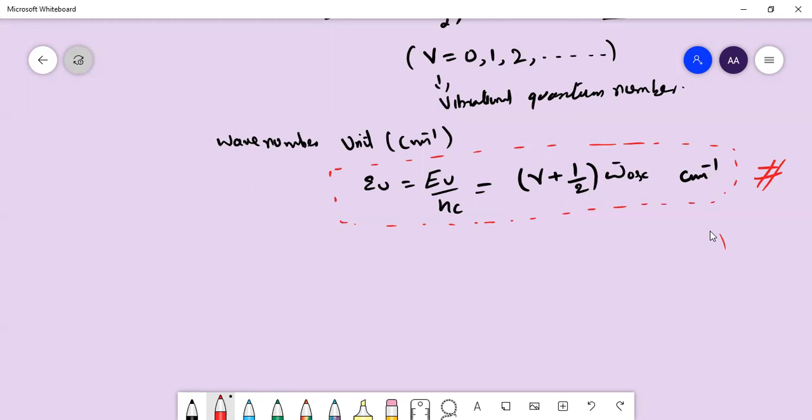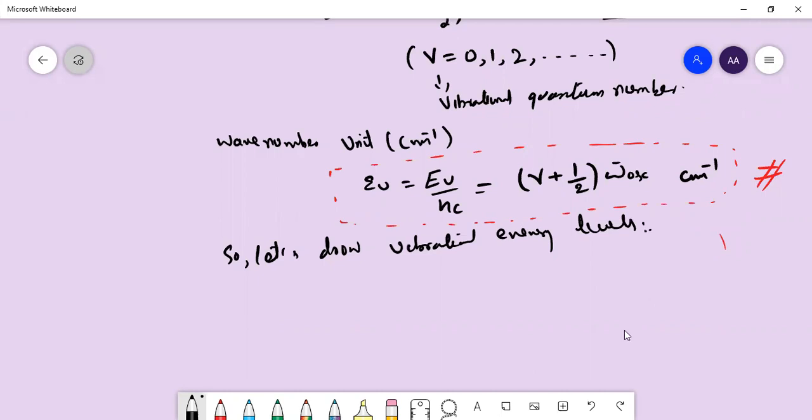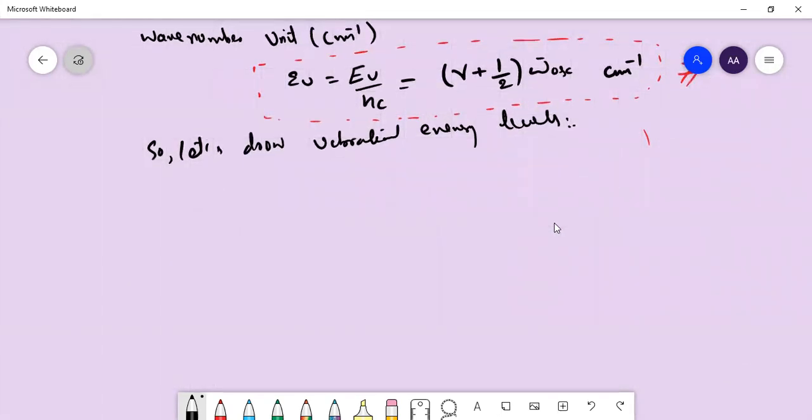Now let's draw some energy levels by using this equation. So now let's draw vibrational energy levels. What kind of energy levels can we get by using this equation?